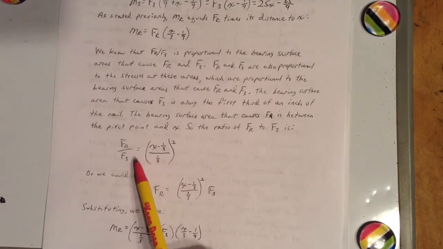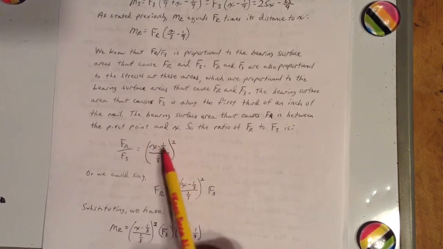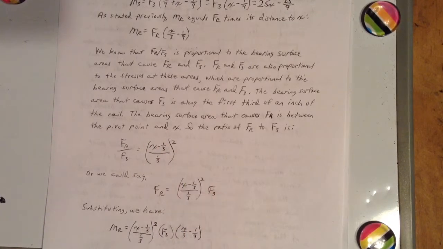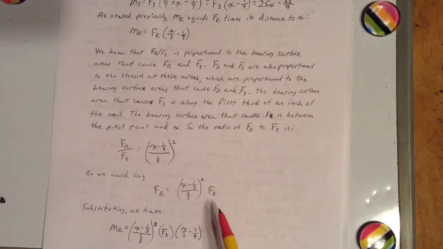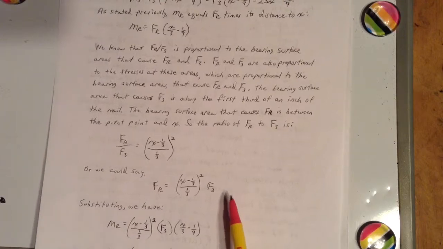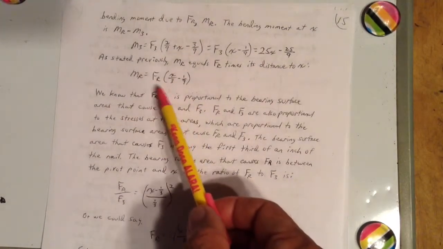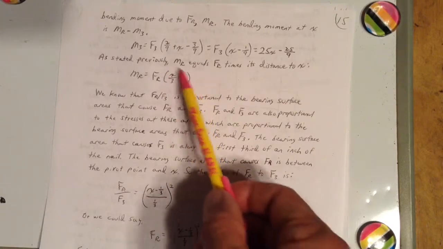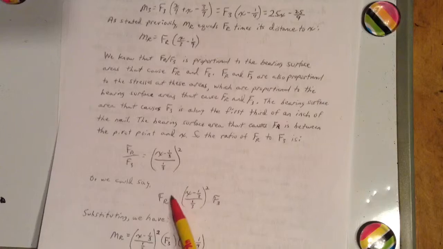It gives us our ratio of FR to F3: X minus a third over a third, all that in parentheses squared. Or we can multiply each side by F3. FR equals all that times F3, which is what we have here. We can substitute for FR. We set up MR equals FR times all that stuff, but instead of saying FR, we're going to write what FR is.